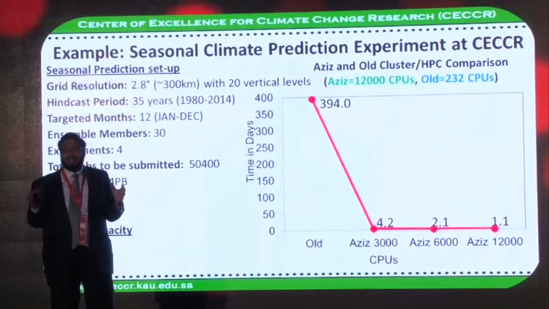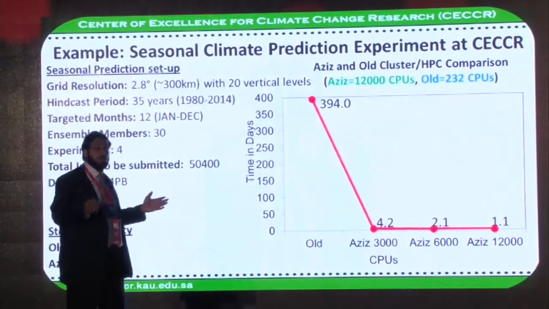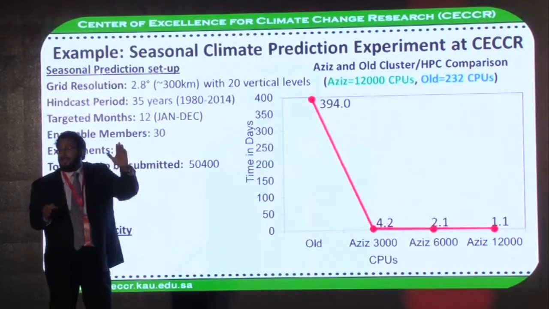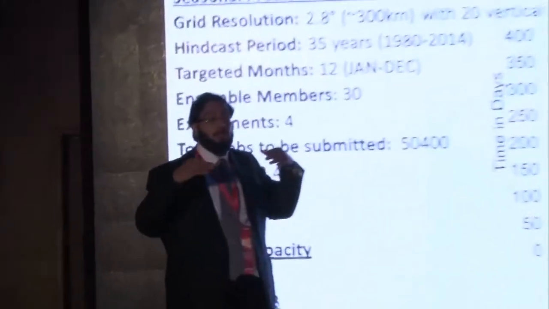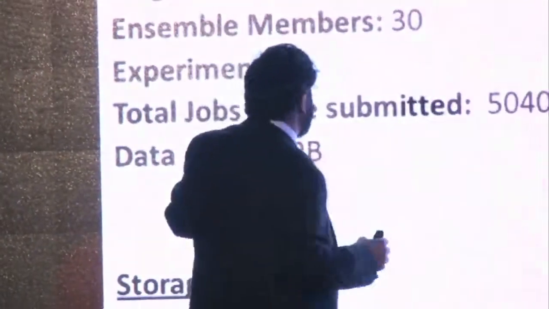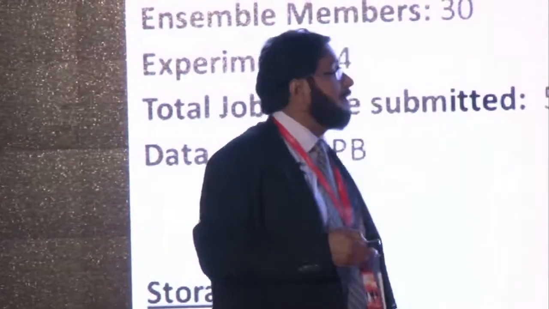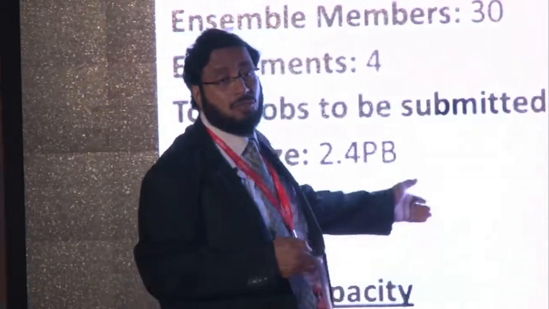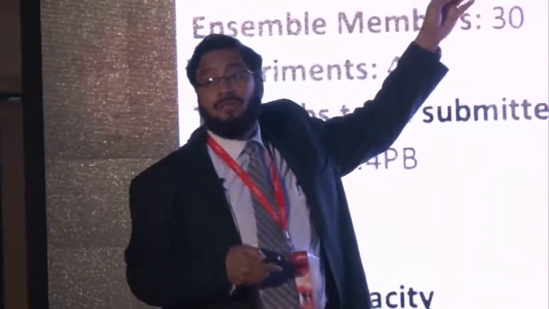It's now not just the computing. Pierre has already shown the advancement in computing facilities, which is really huge. But the big problem that we are facing in research is the generated data. I mean, 2.4 petabytes just for 300 kilometer resolution. If you go to a very fine resolution, it means more and more.